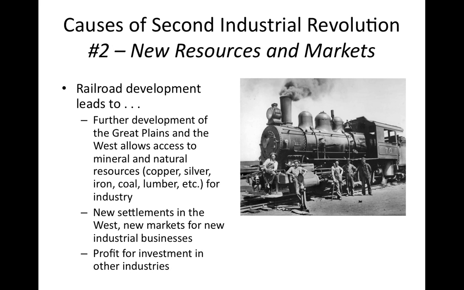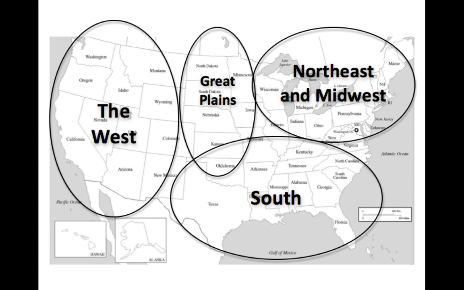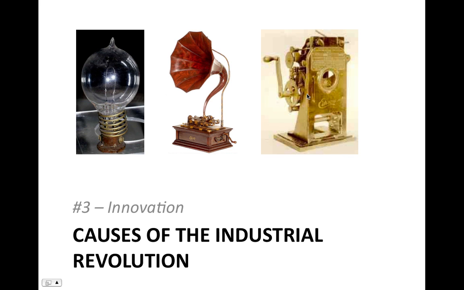Those resources include mineral and natural resources like copper, silver, iron, coal, lumber. All of that is stuff that can be used in the industrial economy back in the Northeast and Midwest, where all of that industrialization was really happening.